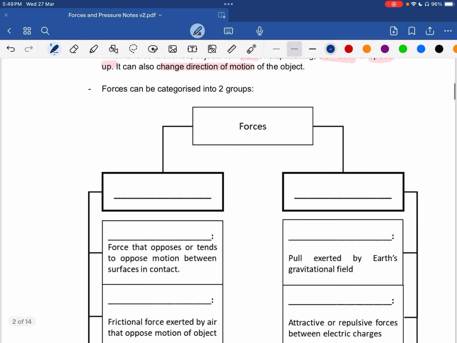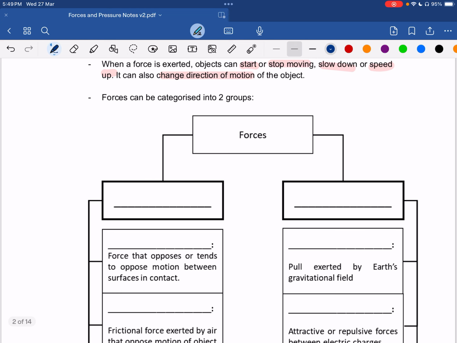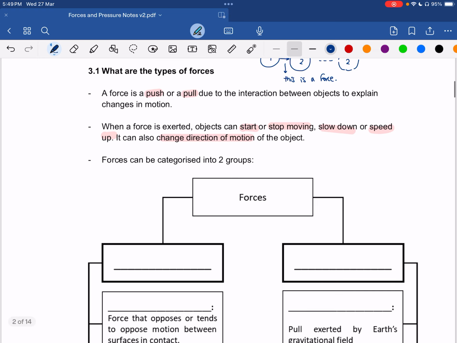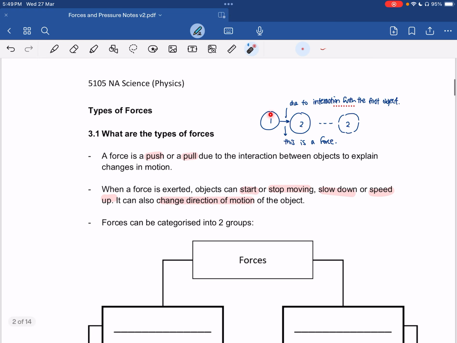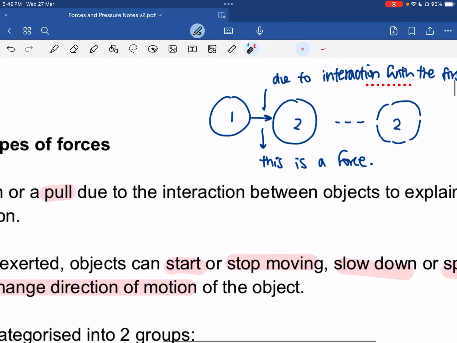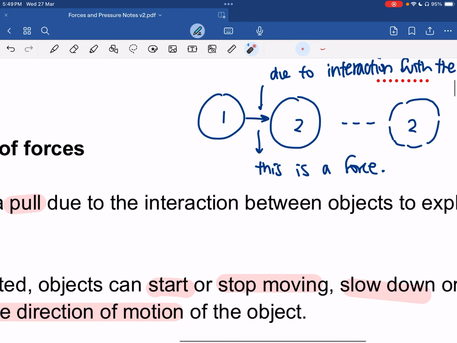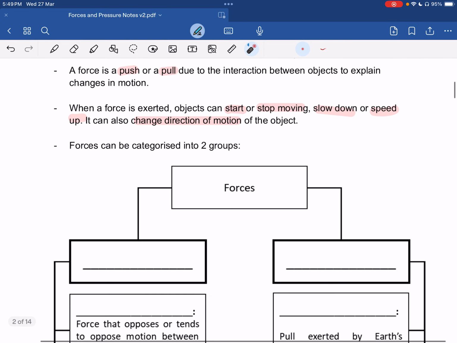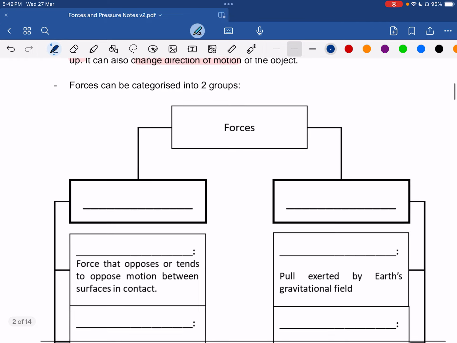Now, there are actually two different types of forces. As we have seen from this example, for the ball to move, it first requires contact between the two objects. So one of the two types of force is called a contact force.